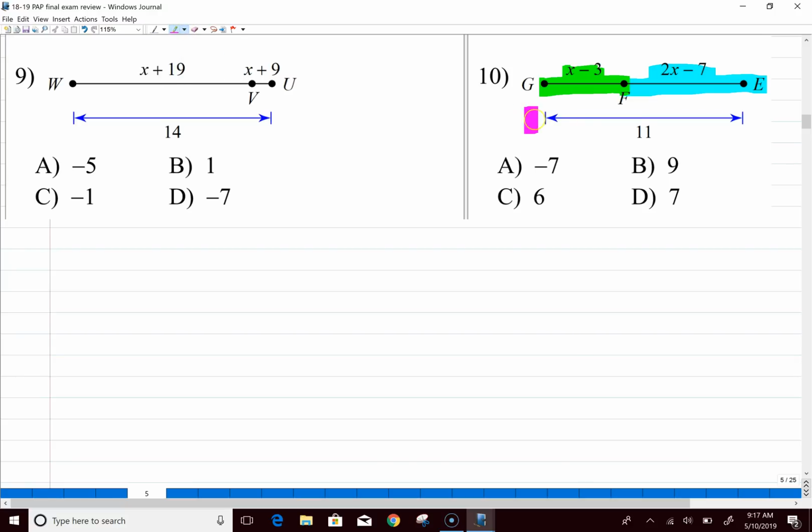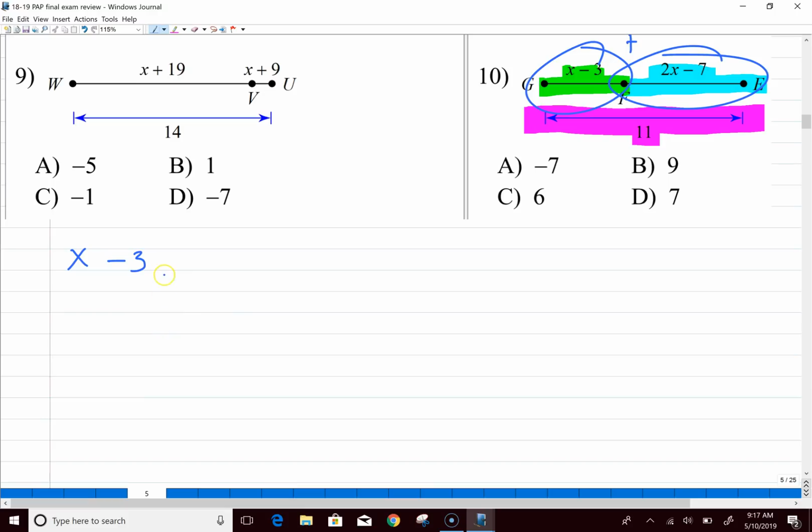The whole thing from G all the way to E is 11. Okay? That means that if you add this part here and you add that part here plus 2x minus 7, that equals the whole thing, which is 11. Okay?